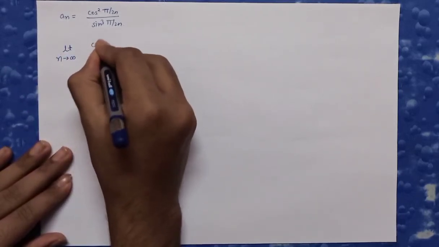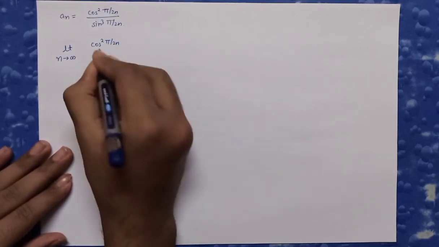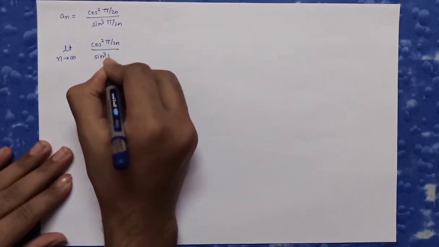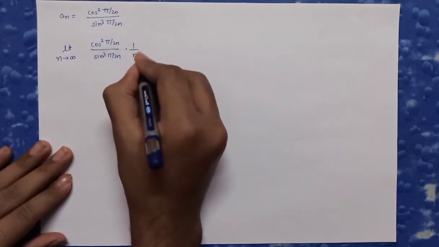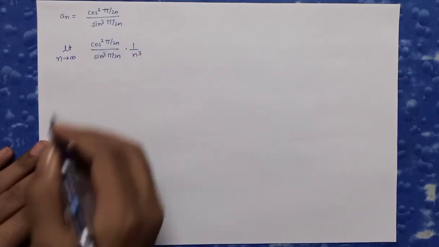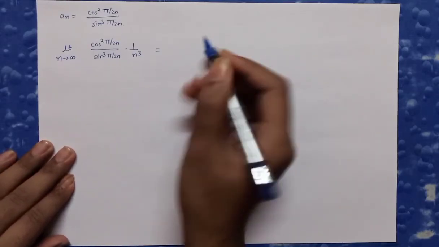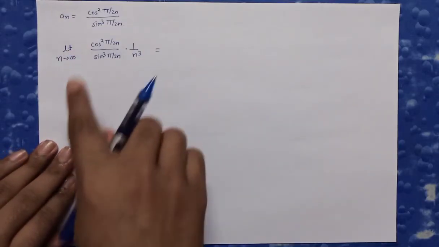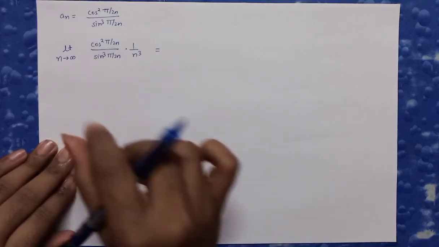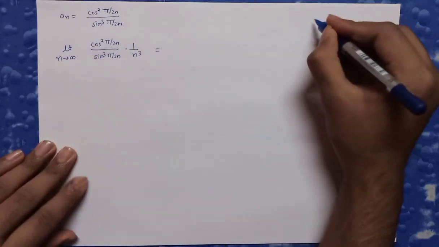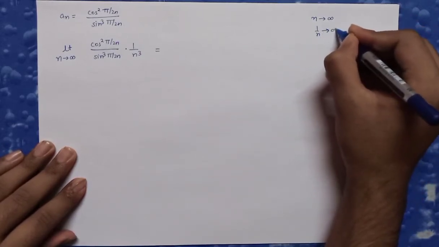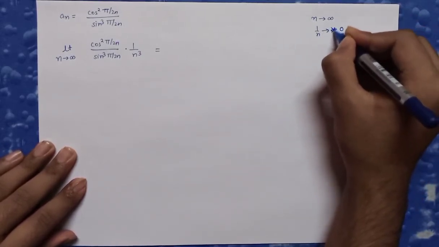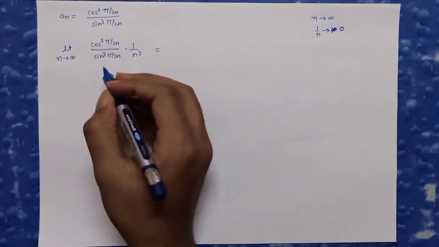Limit n tends to infinity cos square pi by 2n divided by sine cube pi by 2n, and the limit was this divided by n cube. Because n is tending towards infinity, I can say that 1 by n must tend to 0.